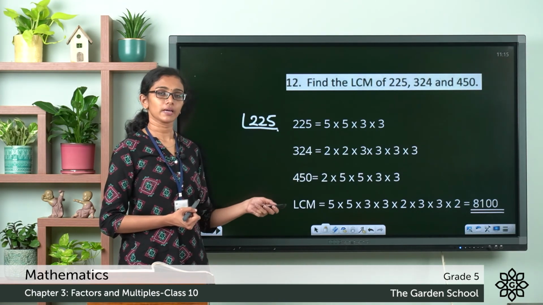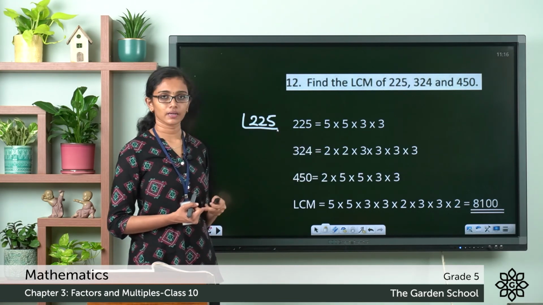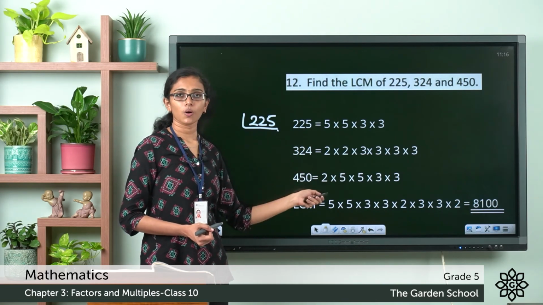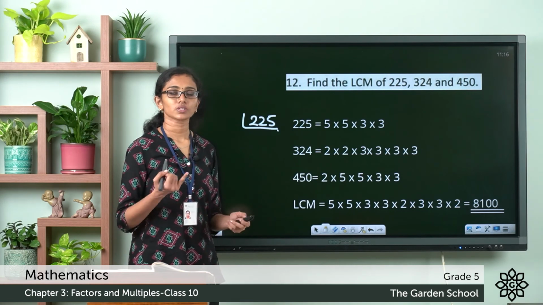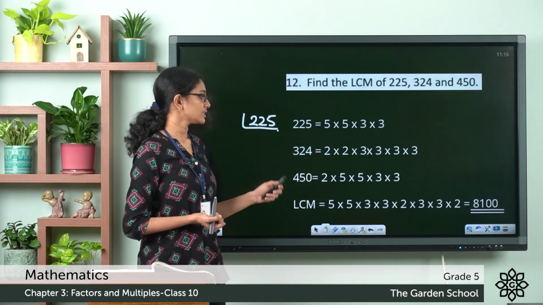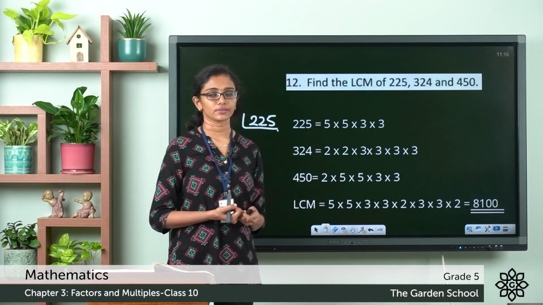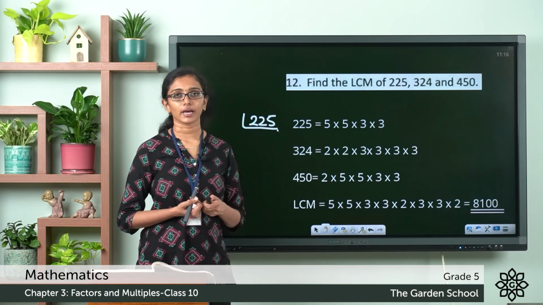Now, once you get the prime factors, you can express the given number as the product of its prime factors. Now, the next step is to identify the common and non-common prime factors and take their product. So, when you do that, you will see the LCM of these numbers here is equal to 8100. Try that yourself and see if you are getting the same answer.